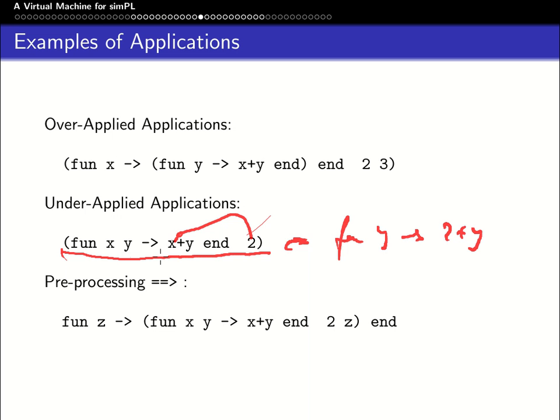The thing is that they're very easy to handle as a pre-processing step, as syntactic sugar, right? So I can very easily wrap it into another function, and this extra argument goes in here, so this becomes an exactly applied function, and problem solved.